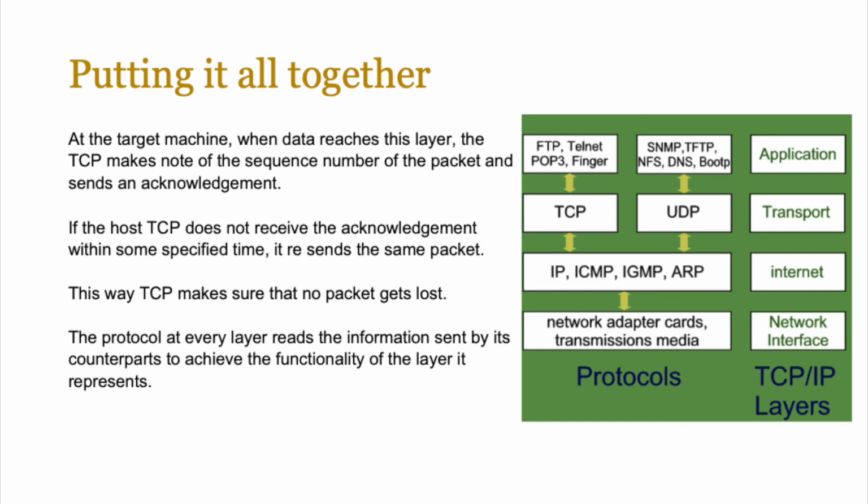The protocol at every layer reads the information sent by its counterparts to achieve the functionality of the layer it represents. So it's not just a straightforward way of, okay, the network layer will send the data and everything else works smoothly. The network layer will check the data sent by the network layer. So it's only interested in the Ethernet side of things, for example, the hardware side of things.